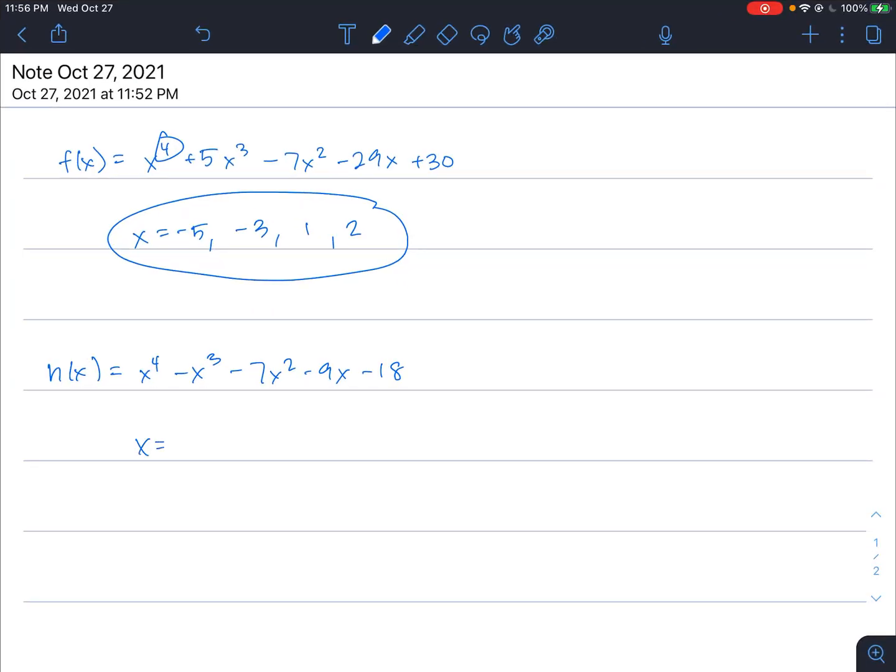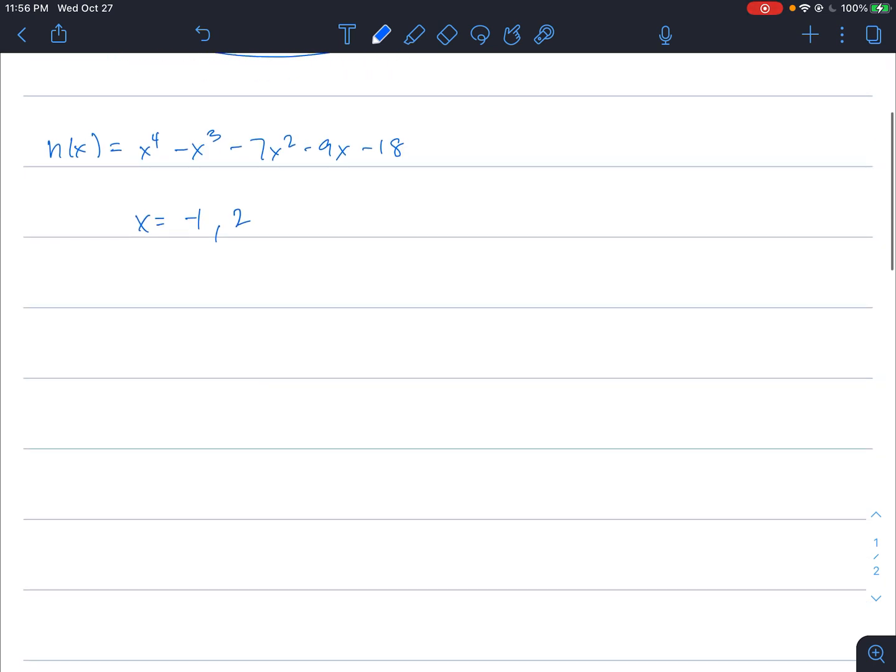So I know x is equal to -1 and 2. However, I should be looking to find 4. Now, because there are no other intercepts, I'm going to have to find those algebraically. So in order to start finding them algebraically, I'm going to reduce my polynomial by dividing by these numbers that I found here. So use -1, and my coefficients are 1, -1, -7, -9, and -18.